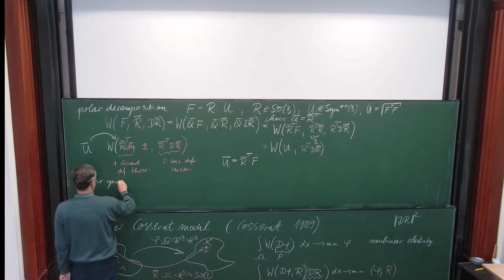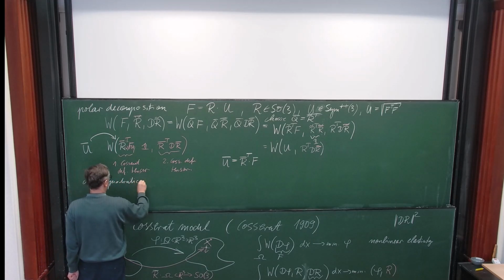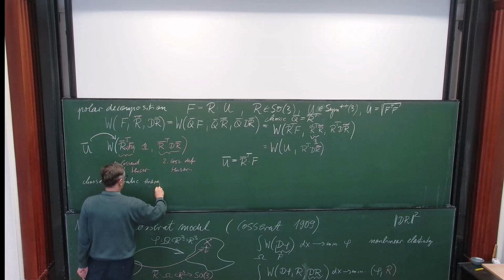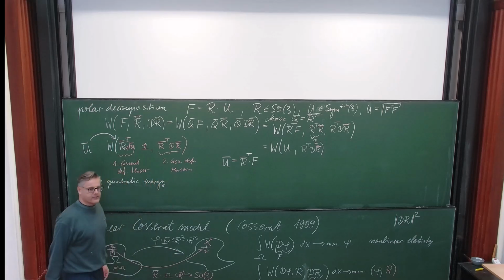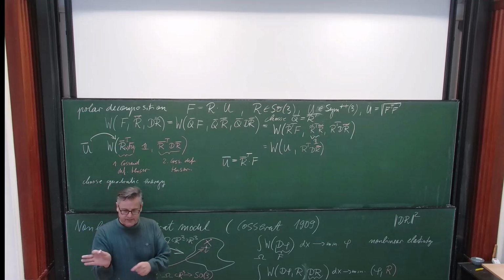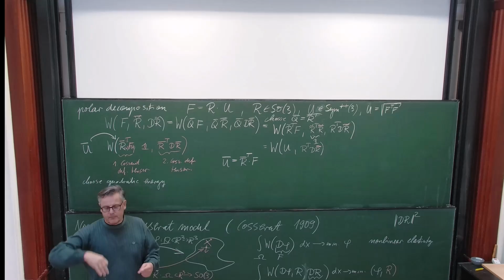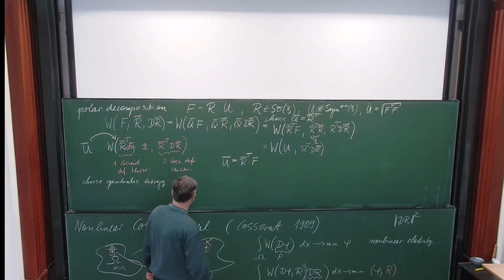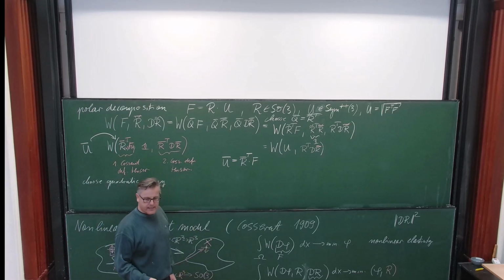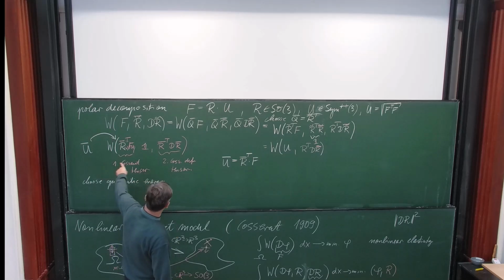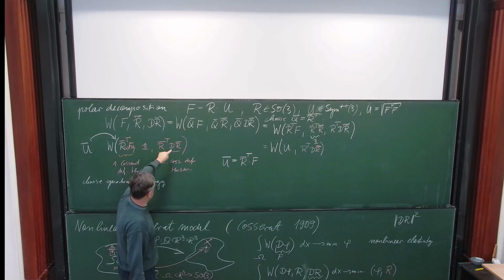By the way, I am not considering anisotropy. Anisotropy means a preferred direction in the material. That will not be treated here, because that is another level of complexification. So everything will be isotropic, and you can think of the most simple quadratic expression in these two objects being isotropic.